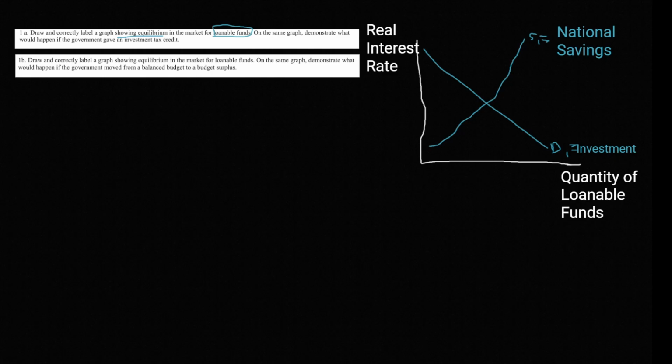I will be more likely to save money if I get more return on whatever I save. More people will save in this market for loanable funds as they get more out of their savings. So that creates this upward sloping supply curve. The supply curve is national savings, and the demand curve is investment.